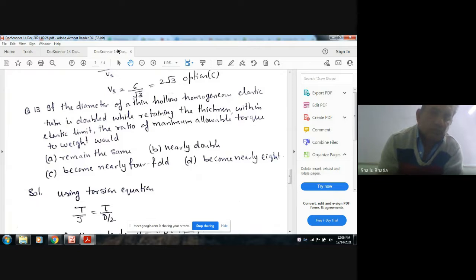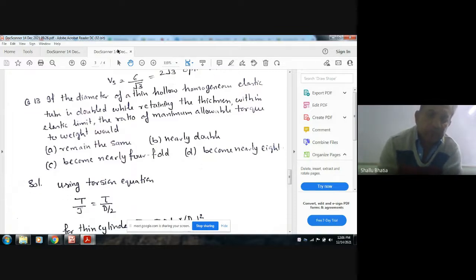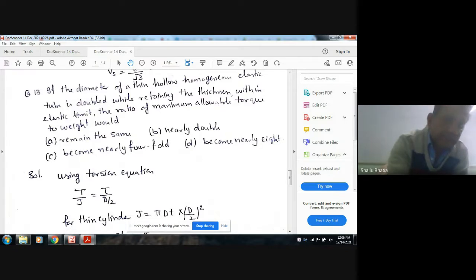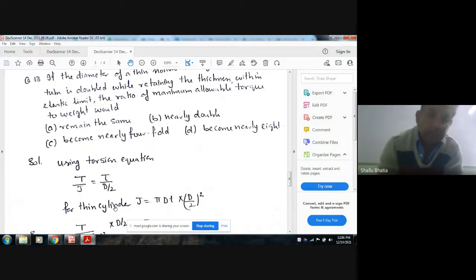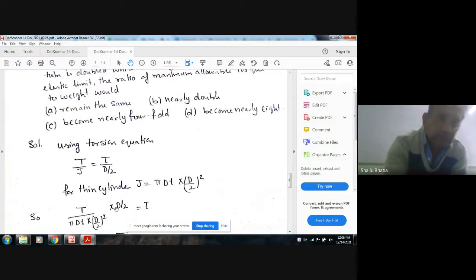As a thin tube is given, the thickness is very, very small as compared to the diameter. So using the torsion equation, T by J equals tau by D by 2. For a thin cylinder or thin tube, J is area into R square. Here the area is pi d t and R is D by 2, squared.